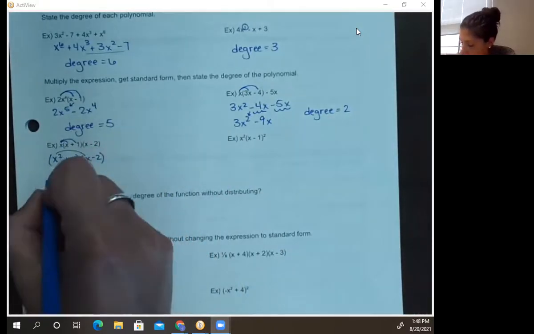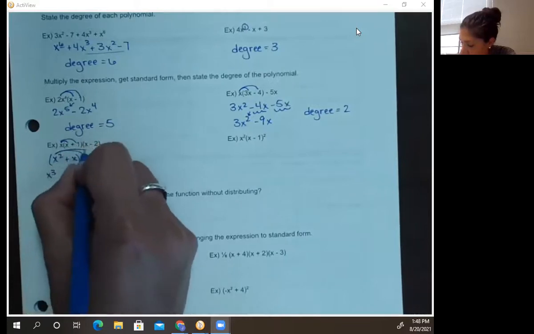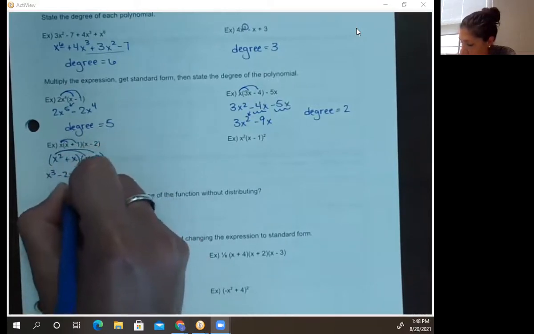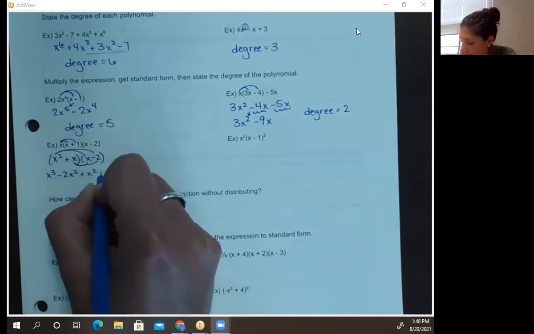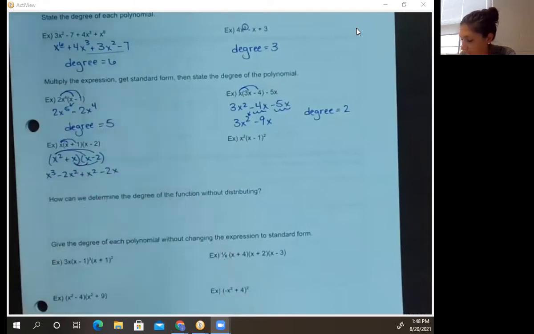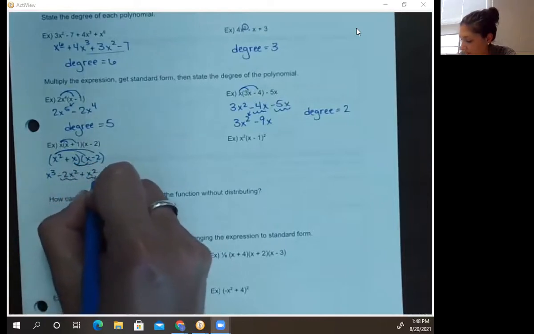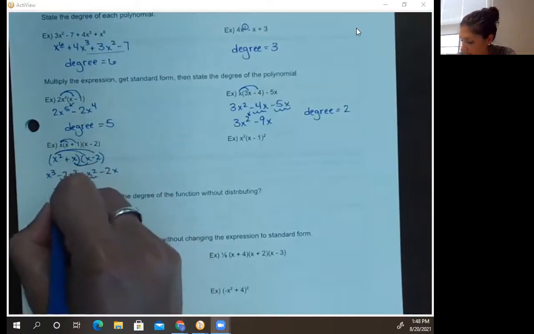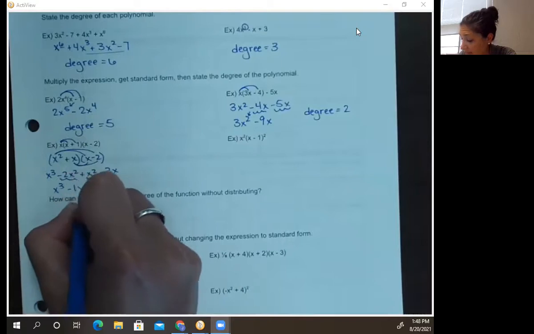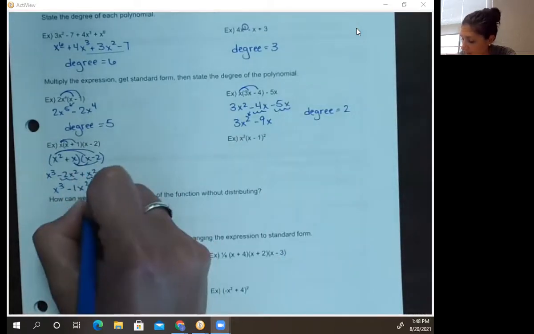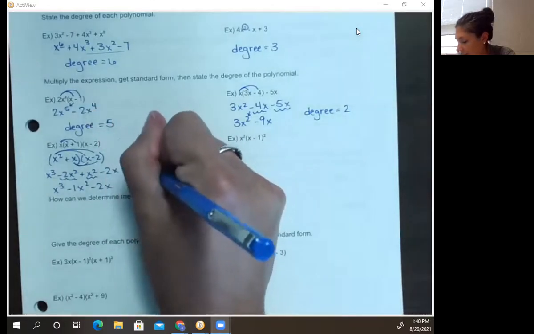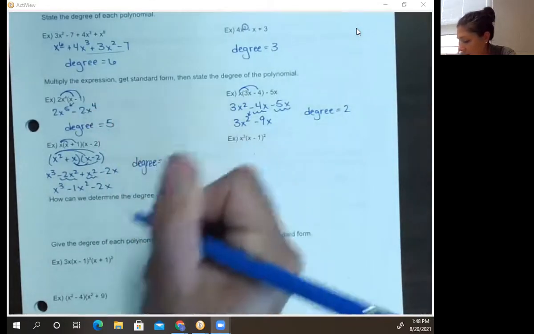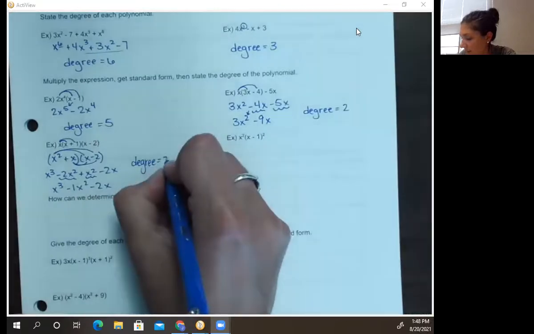So this would be x cubed minus 2x squared plus x squared minus 2x. I'm going to combine my like terms here, so I have standard form. So that would give me x cubed minus 1x squared, or x squared, minus 2x. And now we can see our degree is 3, that largest exponent.